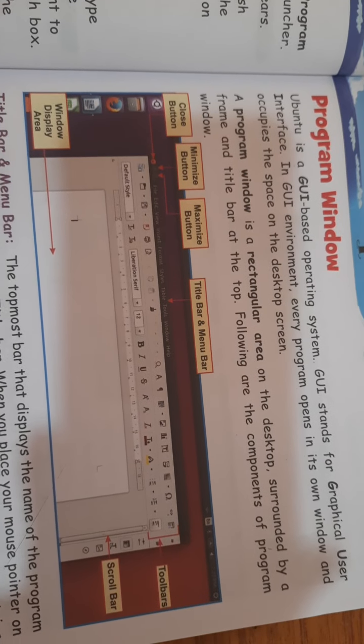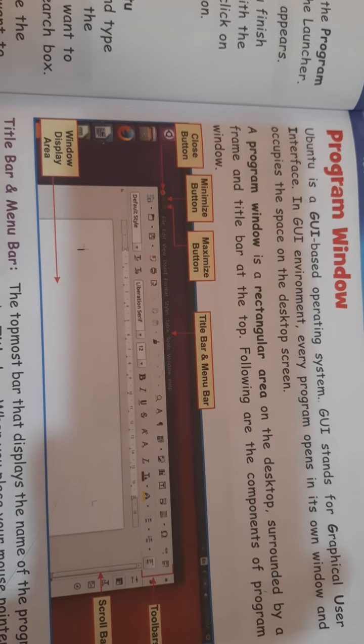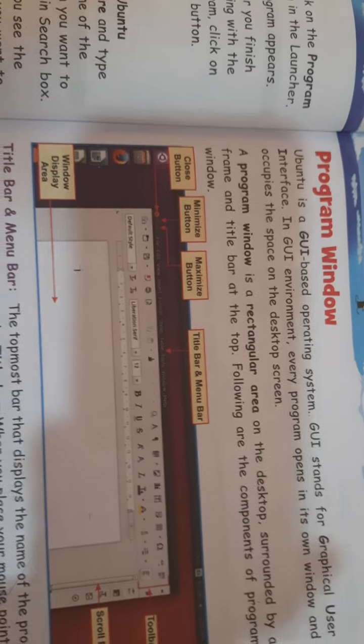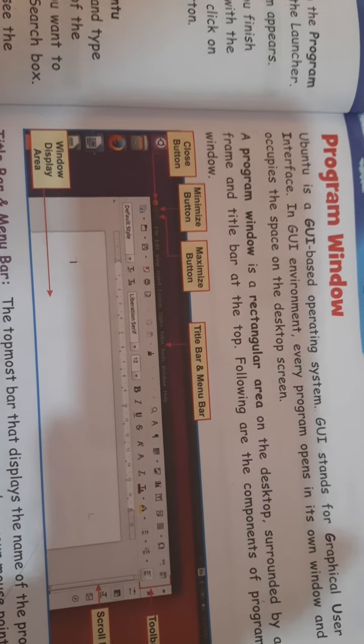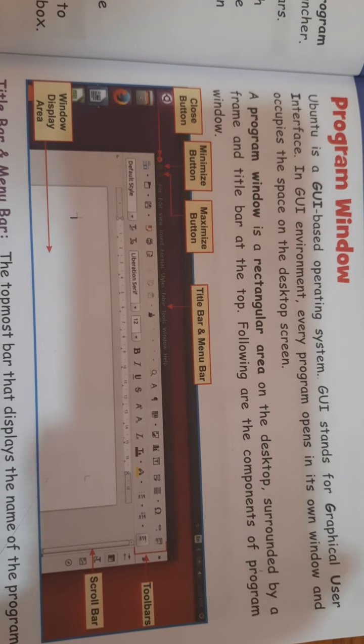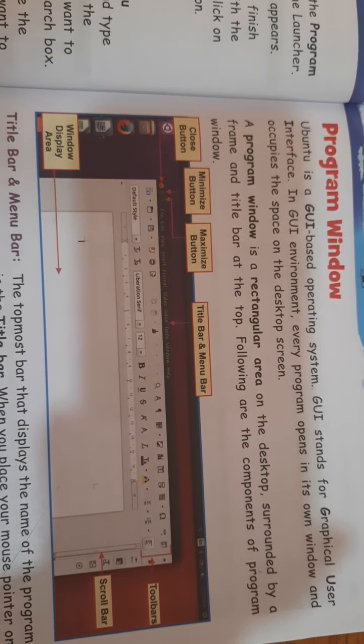In a GUI environment, every program opens in its own window and occupies space on the desktop screen. A program window is a rectangular area on the desktop surrounded by a frame and title bar at the top. Following are the components of the program window.